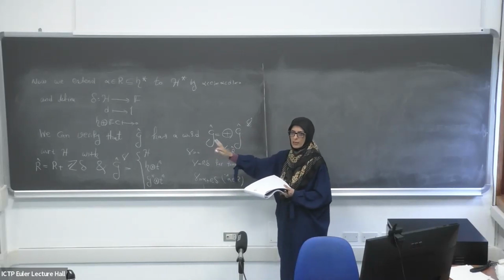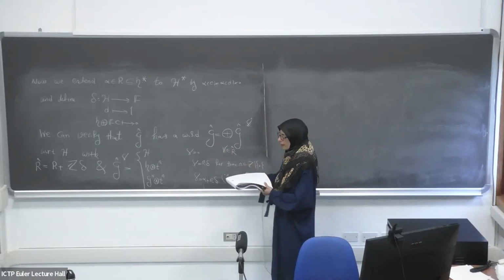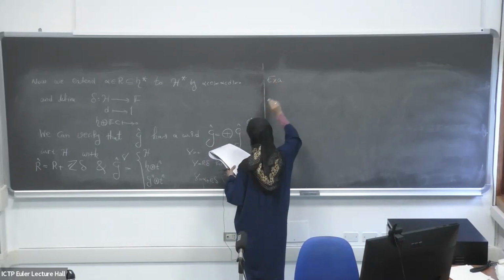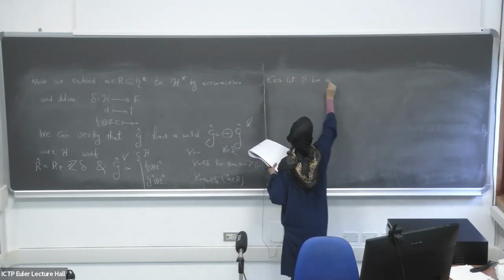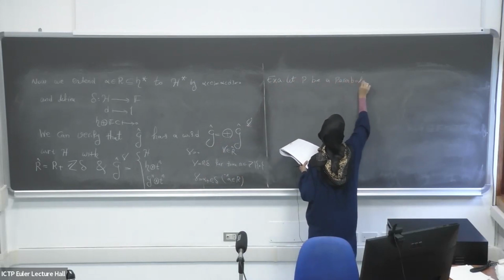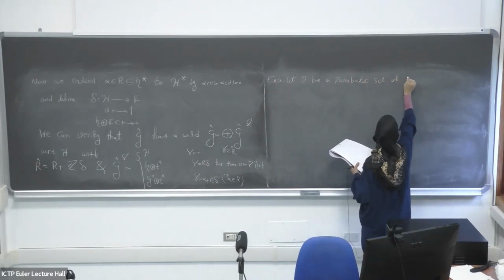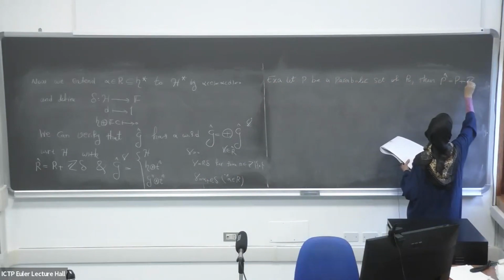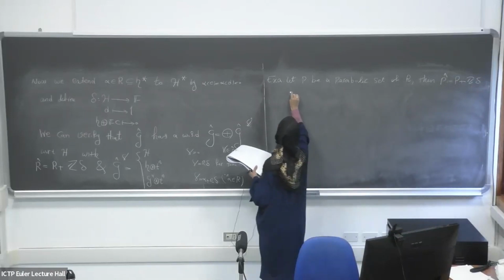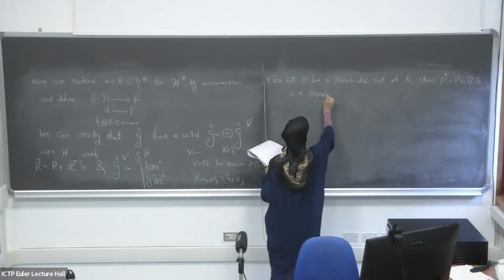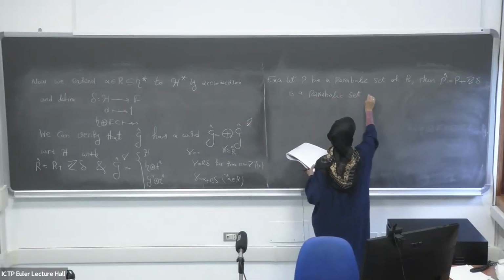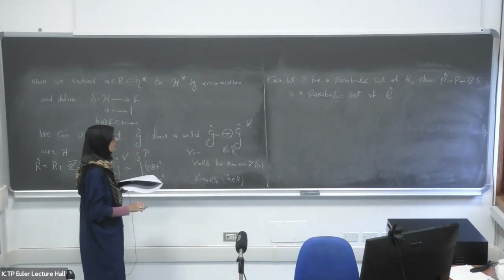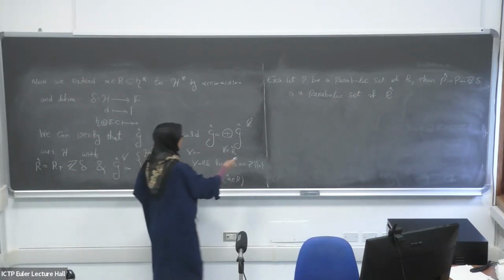It is the same as the definition of parabolic set and parabolic partition for R. Just as an example, let P be a parabolic set of R. And it is very easy to verify. Just some sketch.